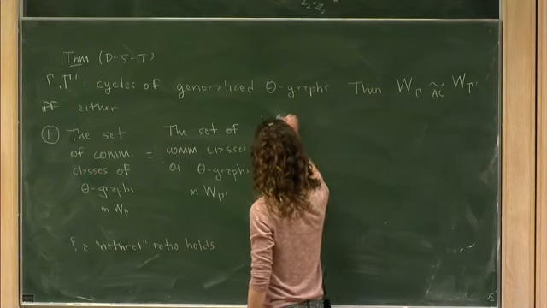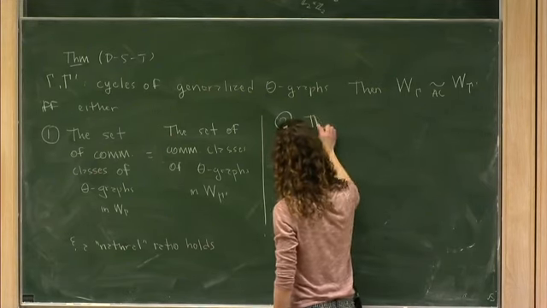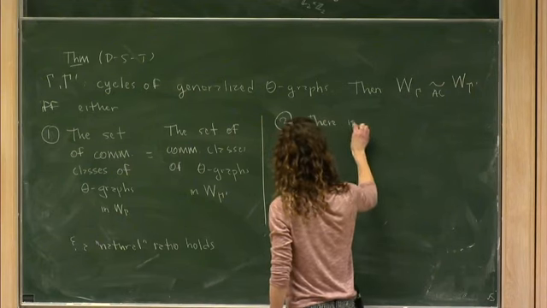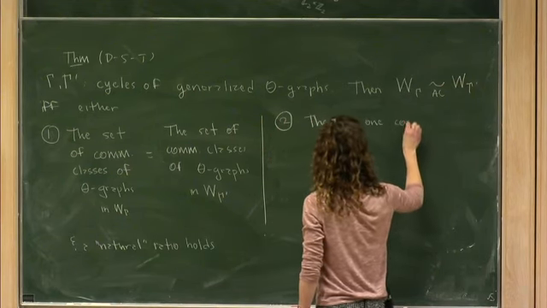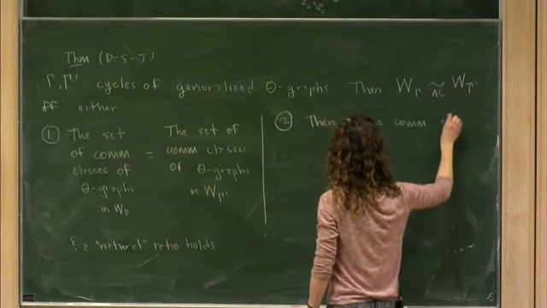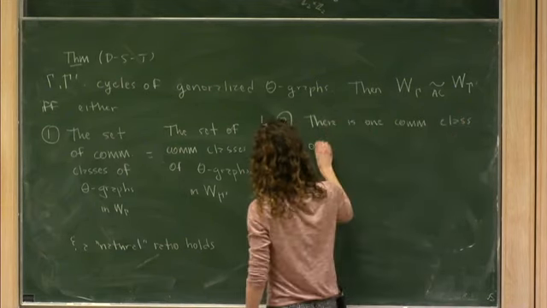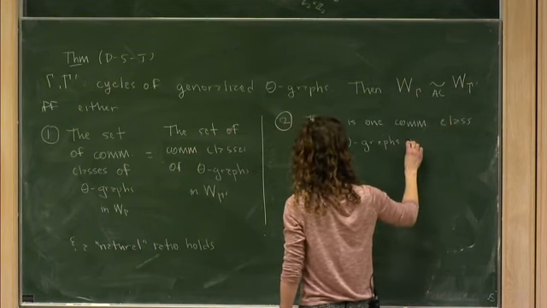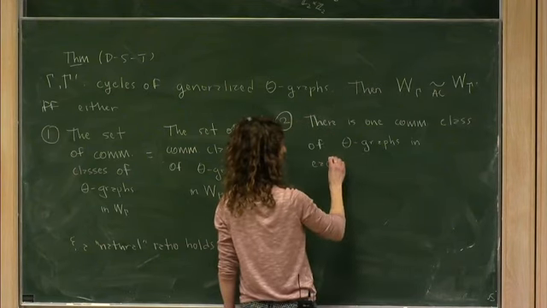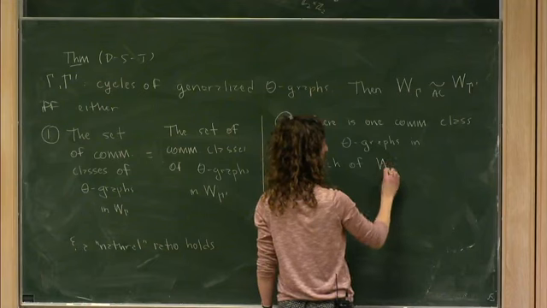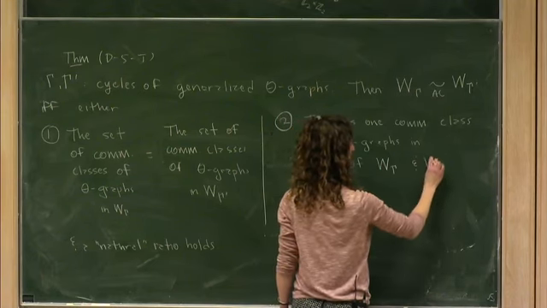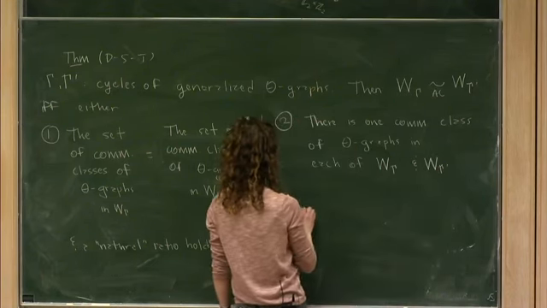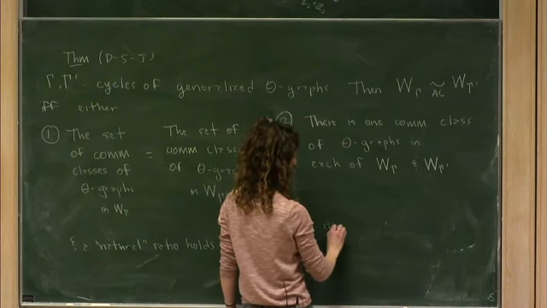The second possibility is that there's one commensurability class of theta graphs in each of W gamma and W gamma prime, and again, a natural ratio holds.